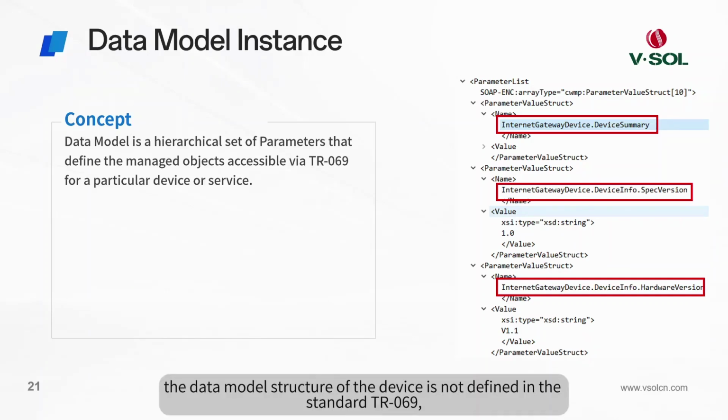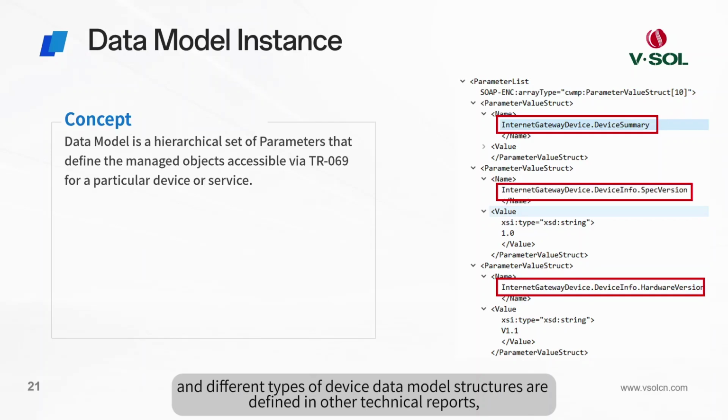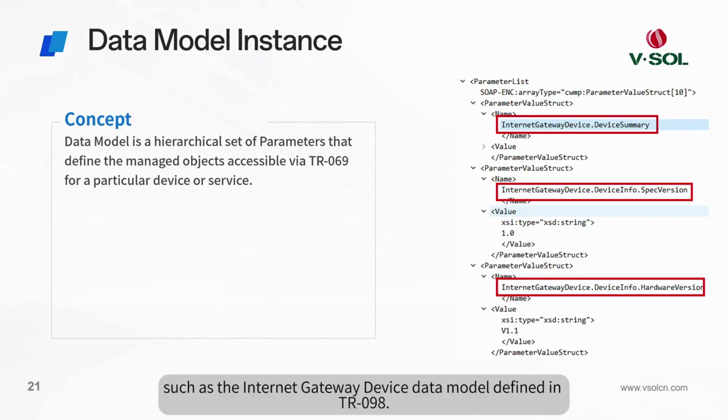In fact, the data model structure of the device is not defined in the standard TR-069, and different types of device data model structures are defined in other technical reports, such as the Internet Gateway device data model defined in TR-098.